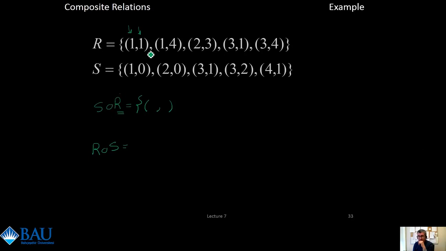From R, pick up the first one. Write the first input and use the second input. Where do we put it? We have to put it in S. If we put 1 in S, input is 1, output is 0. Use 0. Go to the next number.